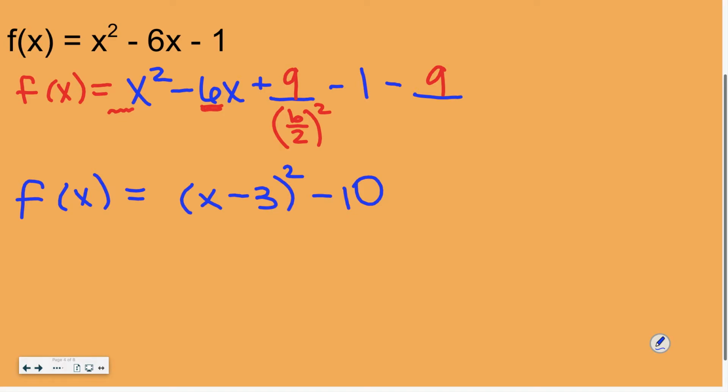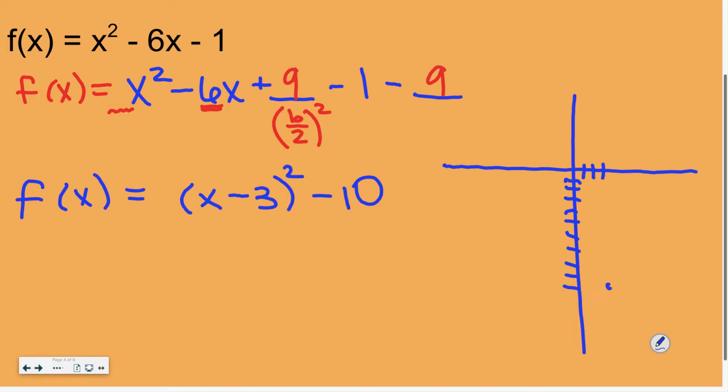And now that we have this equation, we can say, I have a parabola that's shifted right 3, 1, 2, 3, 4, 5, 6, 7, 8, down 10. There's our parabola.